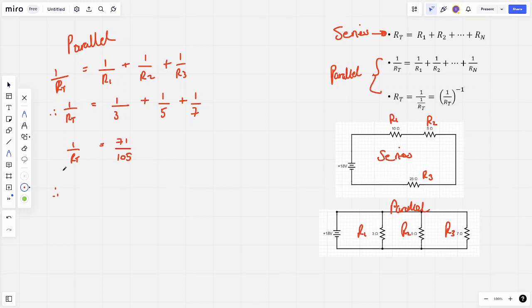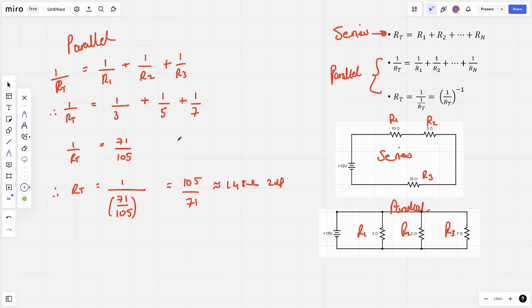So RT is equal to the reciprocal of 71 over 105, which is 105 over 71, which approximates to 1.48 ohms to 2 dp.